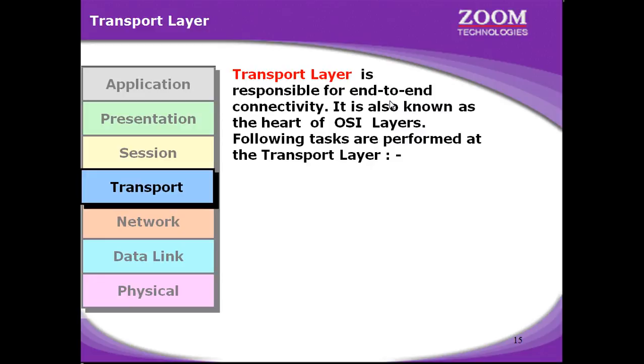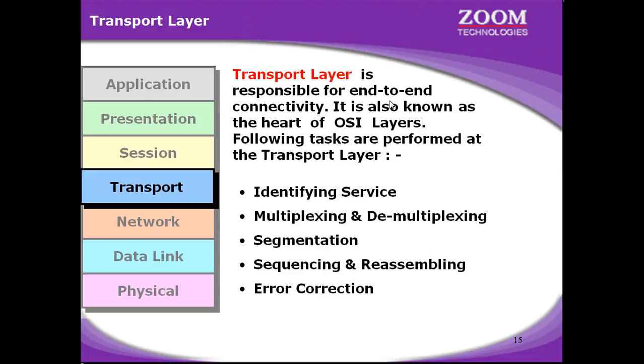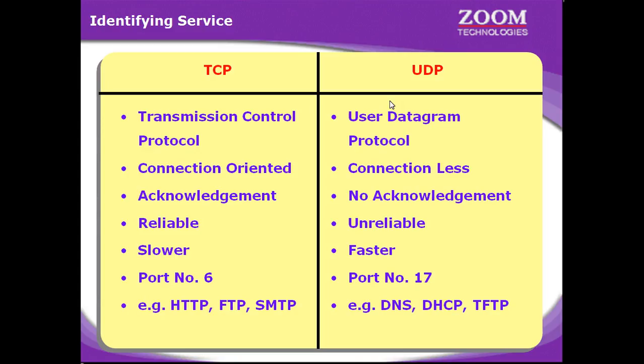Fourth one is the transport layer, and the working of the transport layer is as follows. This is the difference between TCP, Transmission Control Protocol, and UDP, User Datagram Protocol.